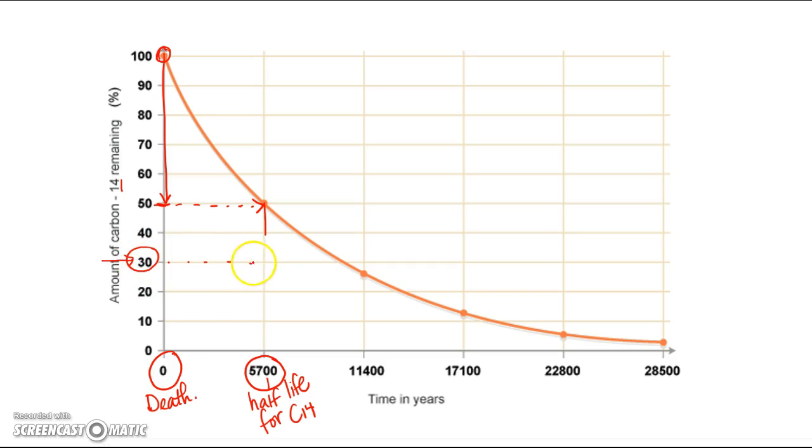So you go over and you see, okay, that's about, let's see, maybe 9,000 years old, okay? Sometimes you have to estimate these based on the graph, so do your best. Okay, so if a sample was 9,000 years old, we would know that it had about 30% of its carbon-14 isotopes remaining. Okay, isotopes, that's another term you'll hear.